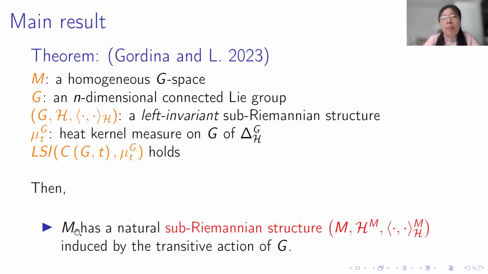So for example, M may not have to be a complete metric space under the Carnot-Carathéodory distance. For example, we have the Gaussian plane. It's not complete.